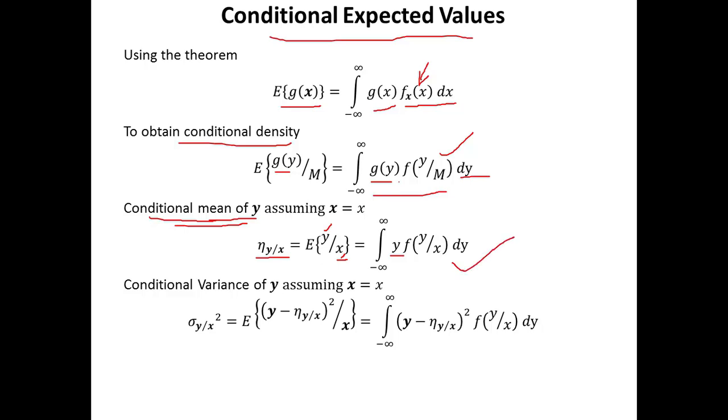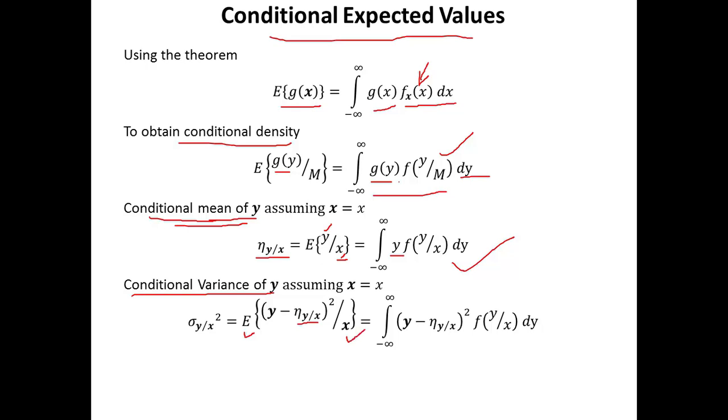In a similar manner, we can define the conditional variance of y, represented as sigma y by x whole square, which equals the expectation of y minus the conditional mean of y by x, whole square, given x. It actually represents the expectation of the event y minus eta y by x whole square, provided event x has already happened.